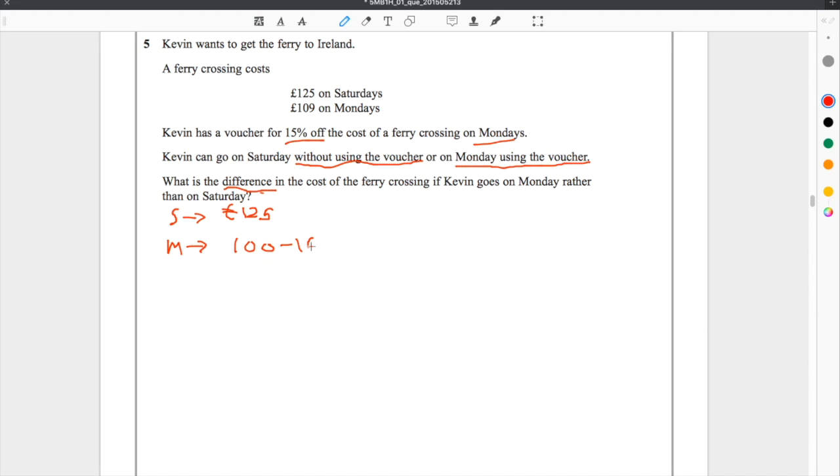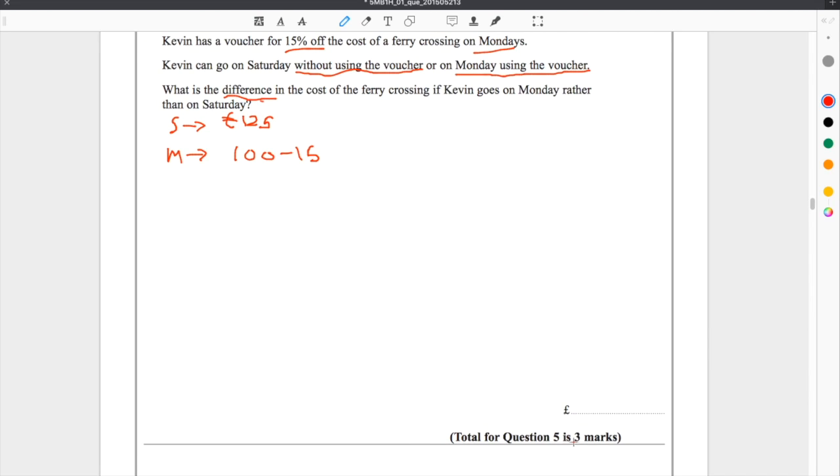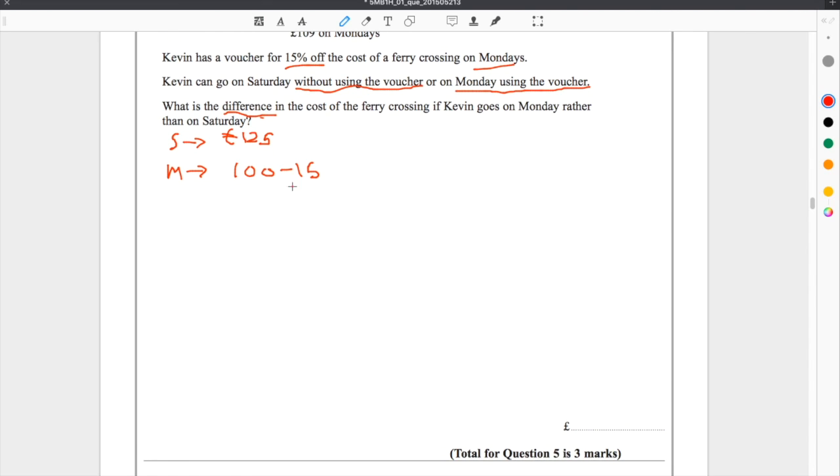This is how we would show our working, because again, looking at the marks allocated for the question, this is a 3 marker, so we need to show all stages of our working. 100% minus 15% equals 85%. Now if we convert this to a decimal, we simply do 85% divided by 100, and that will give us that number as a decimal, which is 0.85. And this is what we call our multiplier.